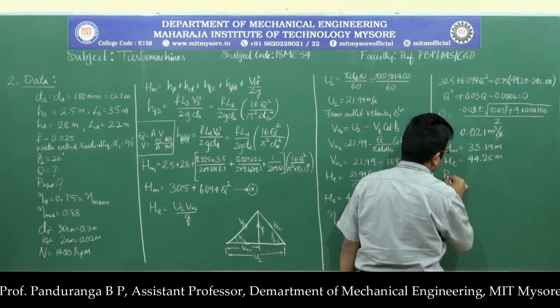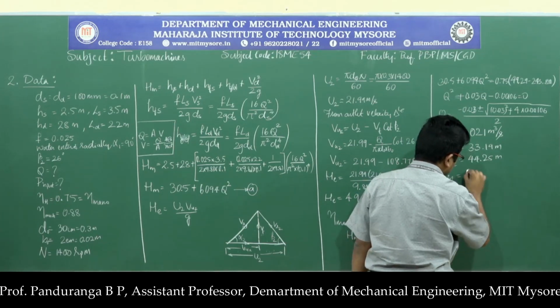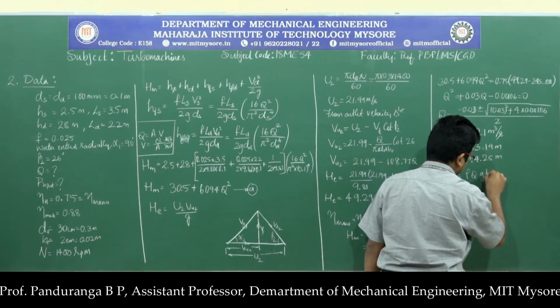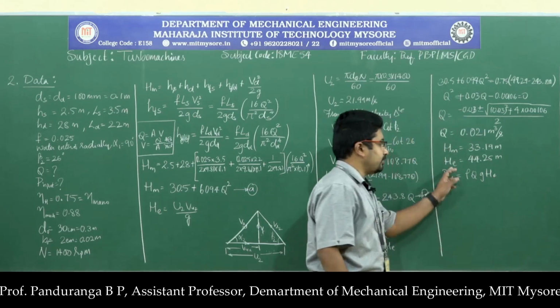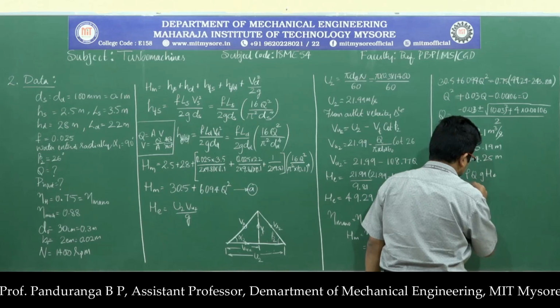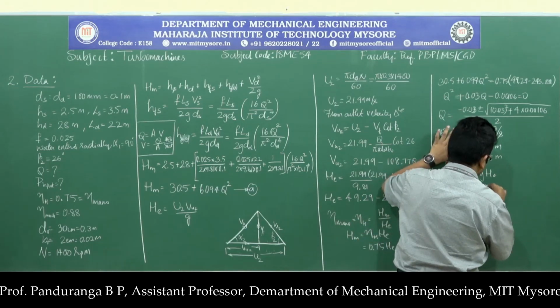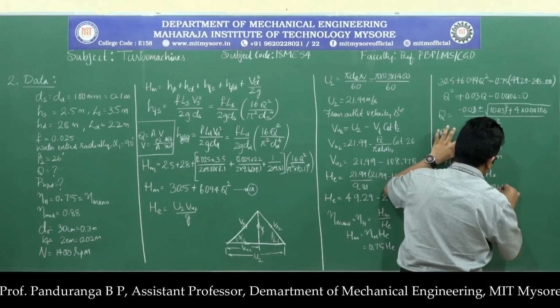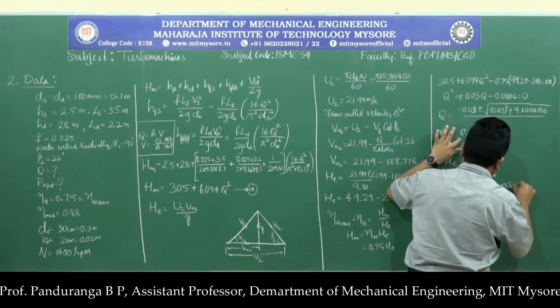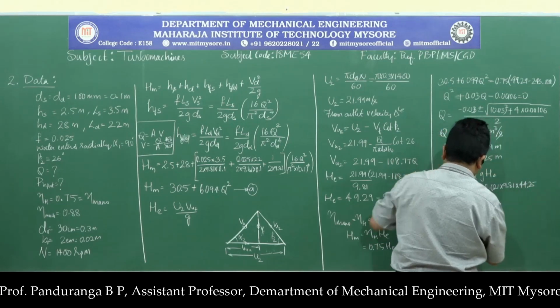The power input for the water will be equal to rho Q G He. Now we know He and we will get the power as rho is 1000 into Q is 0.021 into 9.81 into 44.25.